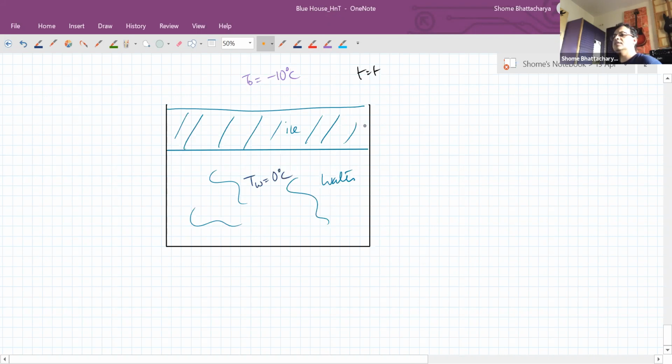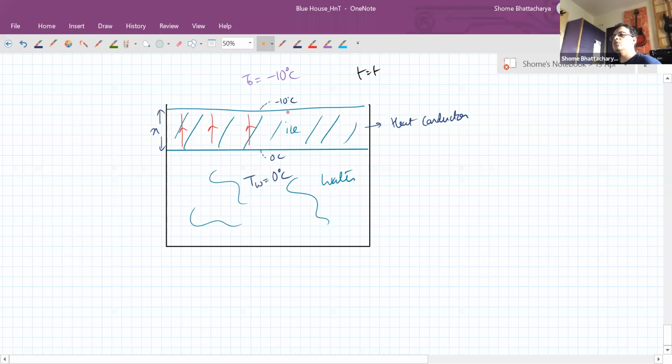So if you see this ice layer now, it has become a heat conductor whose upper surface is at temperature minus 10 and lower surface is at temperature 0 degrees C. And because the heat conduction happens very slowly, what we'll have to assume is that the ice layer is always in thermal equilibrium, in steady state.